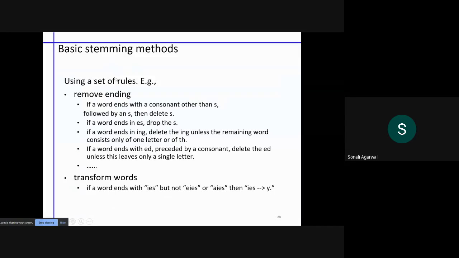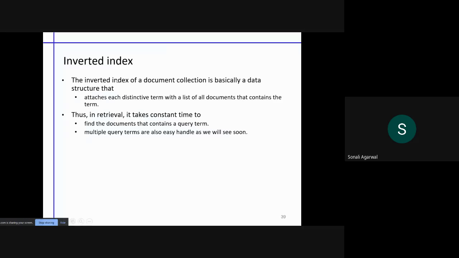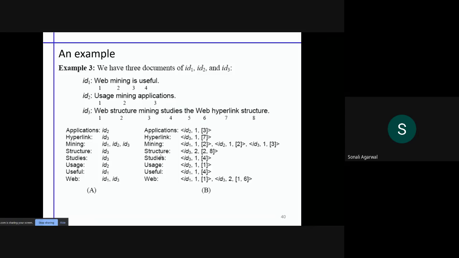We have already seen that we can prepare indexing. The indexing mechanism depends on whatever documents we are retrieving and whatever words we are focusing on; accordingly, we prepare this indexing table.